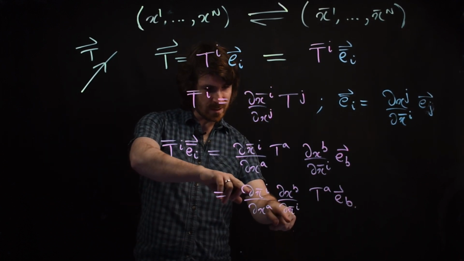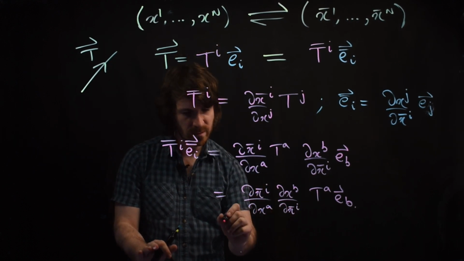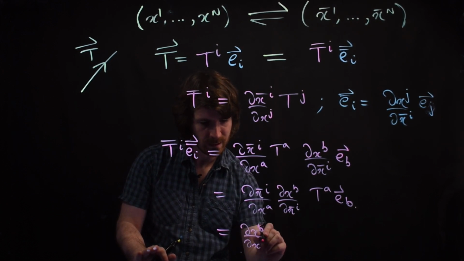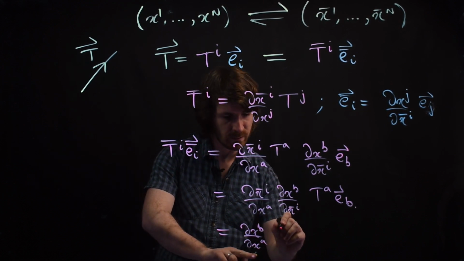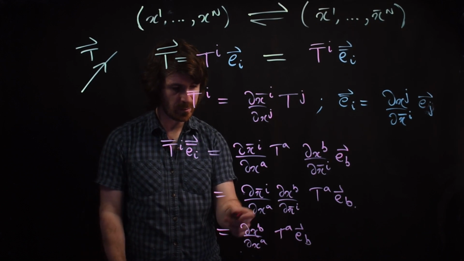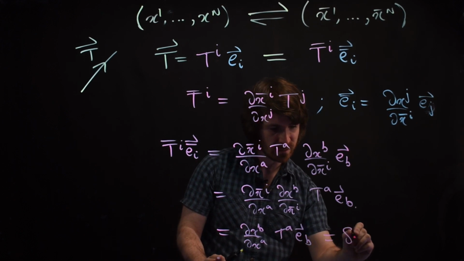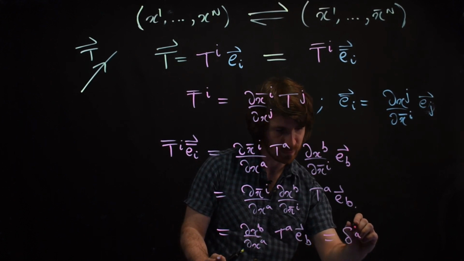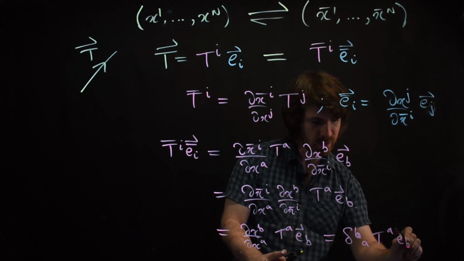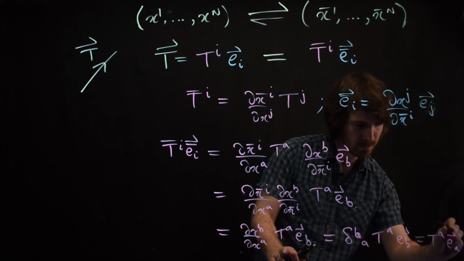We've got a dx bar i on top and bottom here. So this is equal to dx b by dx a. This is just the chain rule. But our coordinates are independent, so dx b by dx a just gives us a delta a b. So this equals T a e a.